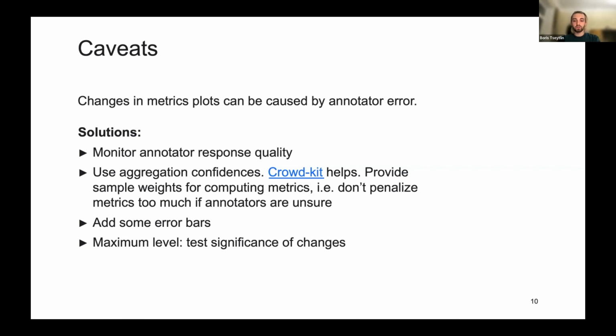But you could also get away with just adding some error bars, or simply using the confidences you obtain from aggregating annotator responses as sample weights when you compute your metrics. So you don't want to penalize your model for being wrong if a lot of annotators did not agree on some example. It's probably a bad example, and you don't want the model to be very confident about it.